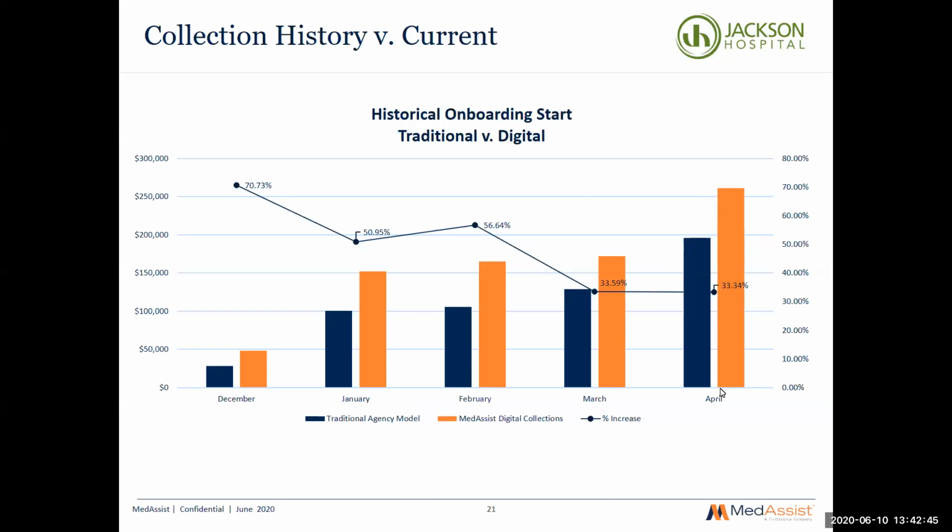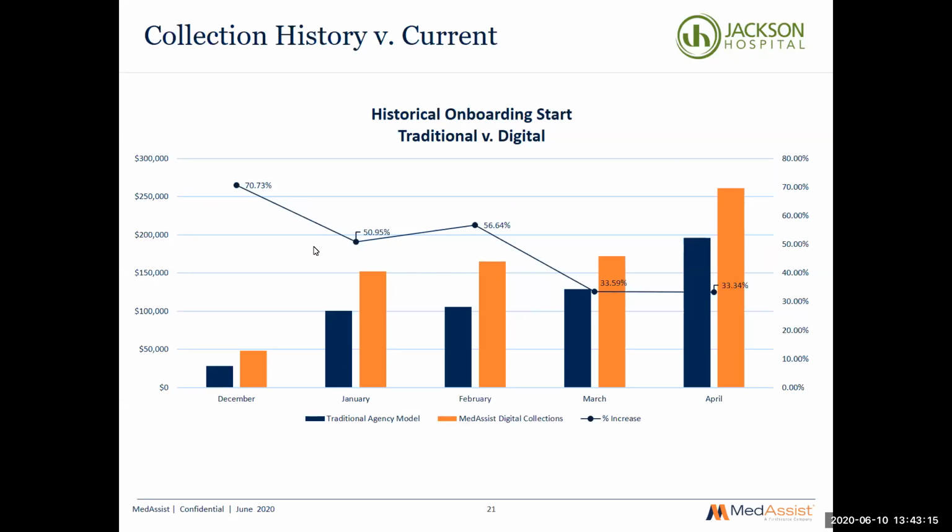So, how do we measure this new digital journey against the historical, traditional recoveries from David's prior partnerships and processes? David provided us with data from when Jackson first ramped his legacy early out process.